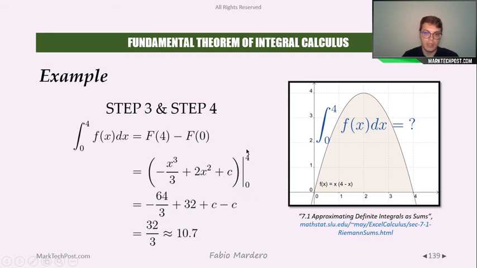And then we get this vertical line to describe the limit. In fact, the c is insignificant because it simplifies between the first and the second indefinite integral. Here we get that the area is approximately 10.7.